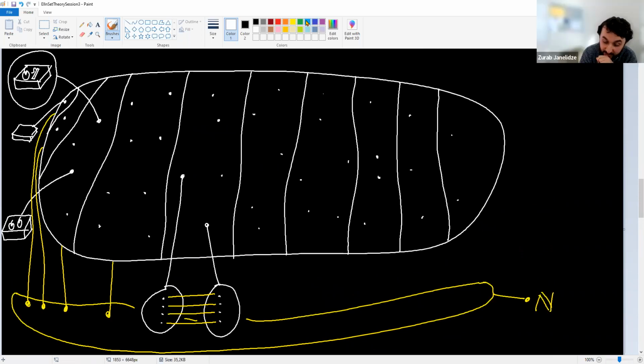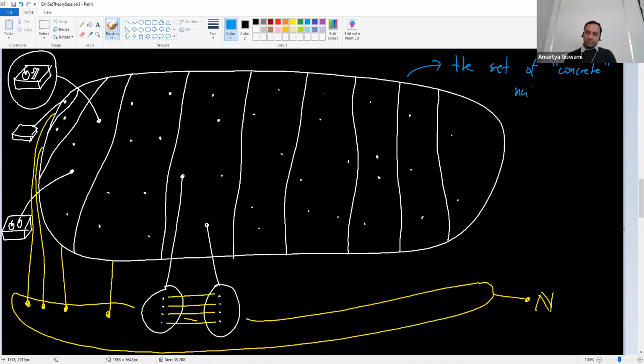So the set we started with, we can think of this as the set of concrete numbers, in other words, numbers that are given some interpretation, like the number 5 given the interpretation of 5 watermelons, for example. And the partition allows us to get a set whose elements will be abstract things.